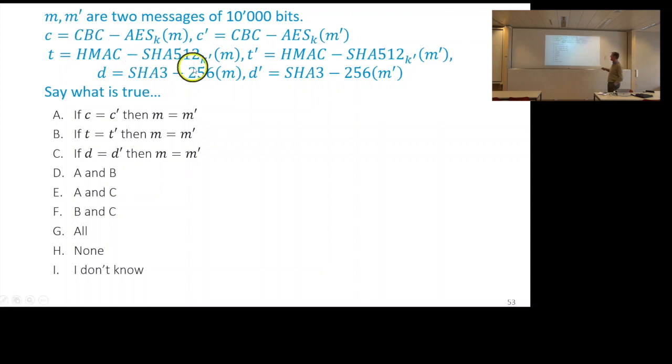SHA-256 means it's a hash of size 256, and because it's a pure hash, it does not have a key. Here there is a key, but the key is because of the HMAC that we use here. So what statements are true about all those systems?